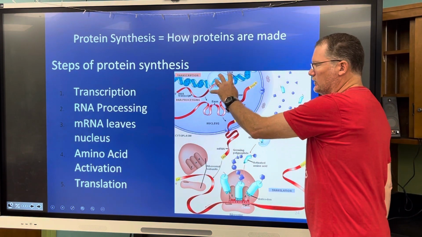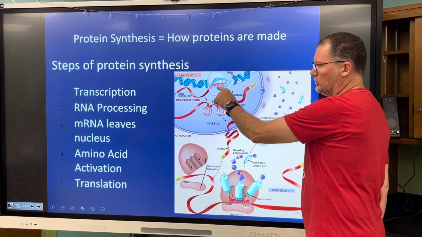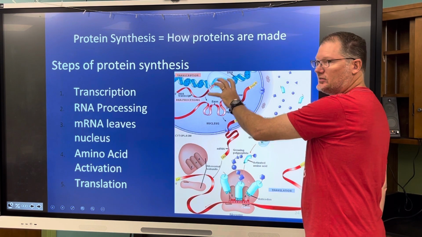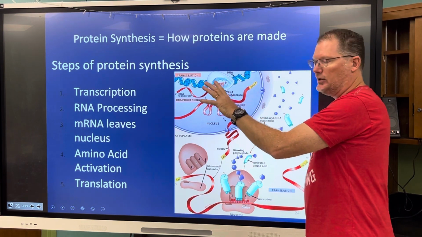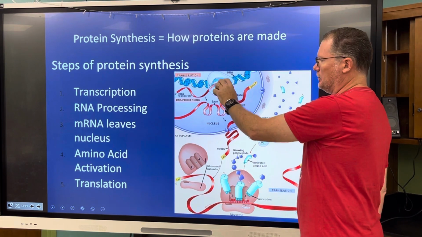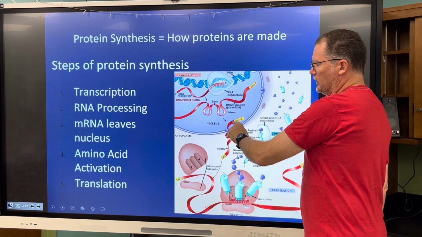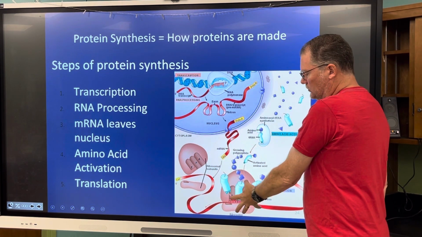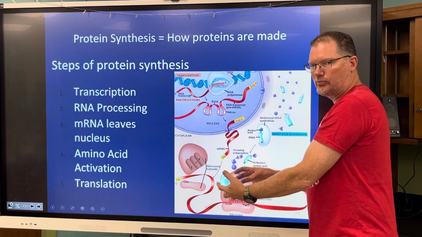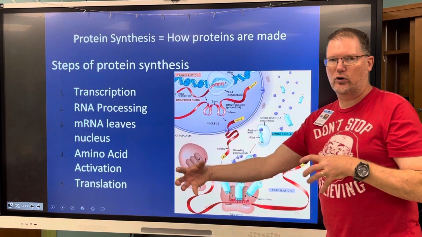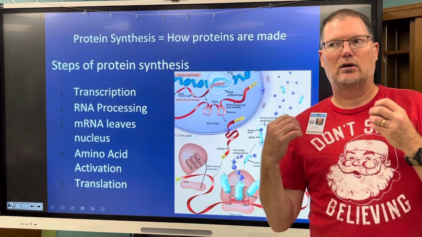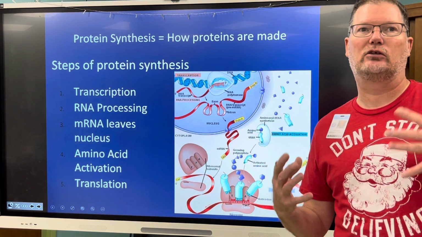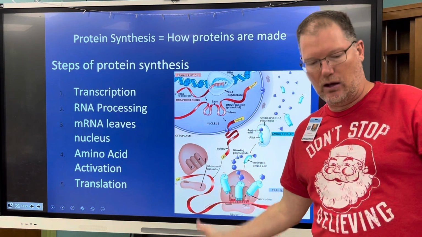So the DNA is copied, transcribed here, unzipped and copied, right? Unwound, unzipped, and copied. The messenger RNA carries that message out for what proteins to make, and then the ribosome is kind of like putting the amino acids together in the right order, in the right sequence to make the proteins for the cell to do its job.